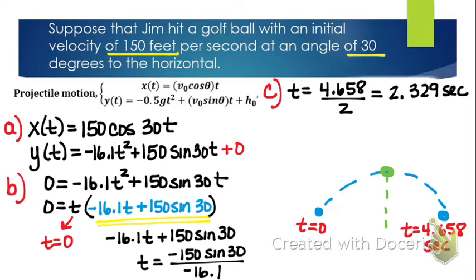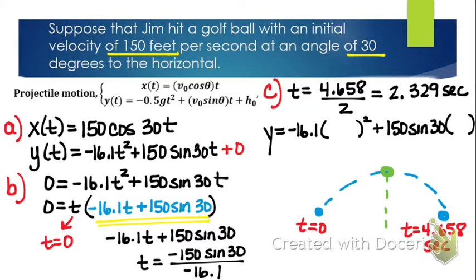Y parameter. So Y equals negative 16.1 T squared plus 150 sine 30 T. And now you're going to take that 2.329 and substitute it in. So go ahead and do that. Type that in your calculator to figure out what that height would be right in the middle.